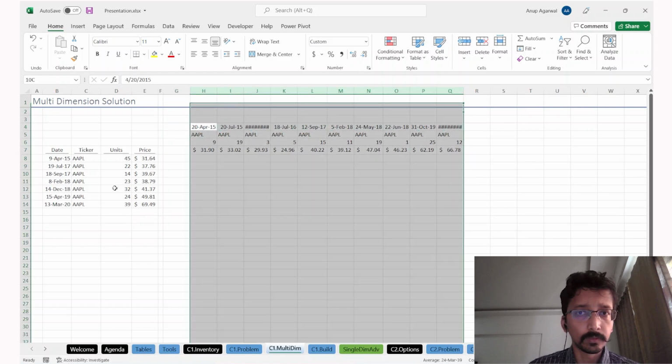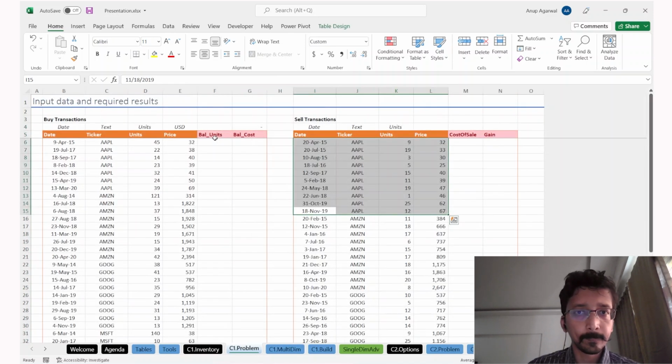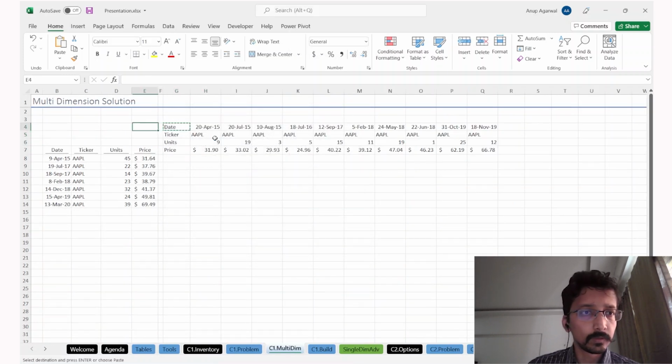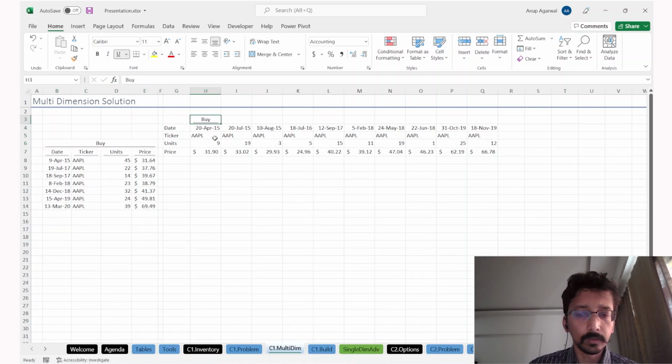I will make this a little bit like this, to make it easier to read. Let's put the header also in here. Just to be sure, I'll write these are all buys, and then let's say here these are sale.